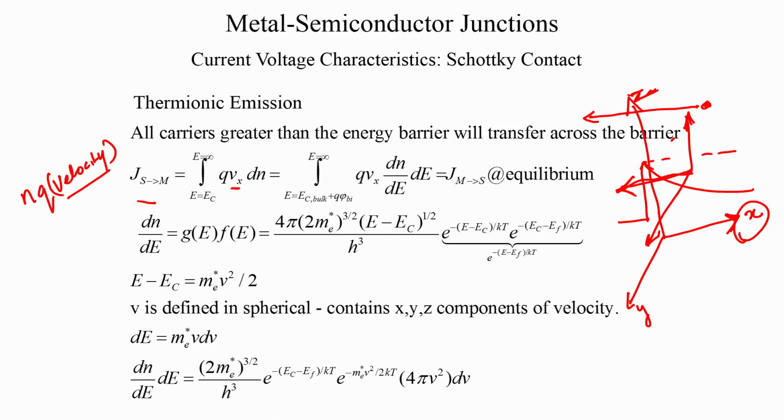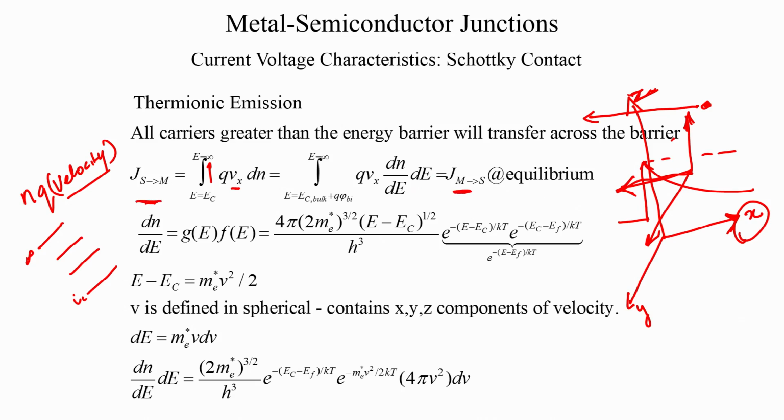So, n into q into the velocity in the x direction gives me the current, but I need to sum up all the free electrons sitting from Ec to infinity. Therefore, I need to perform an integral from here to there, and at equilibrium this current is equal to the current from the metal to the semiconductor side.